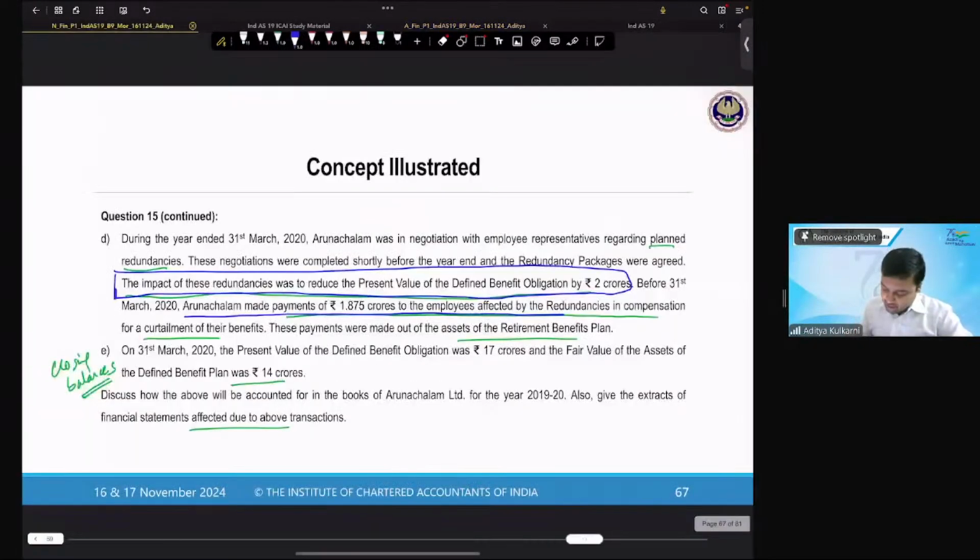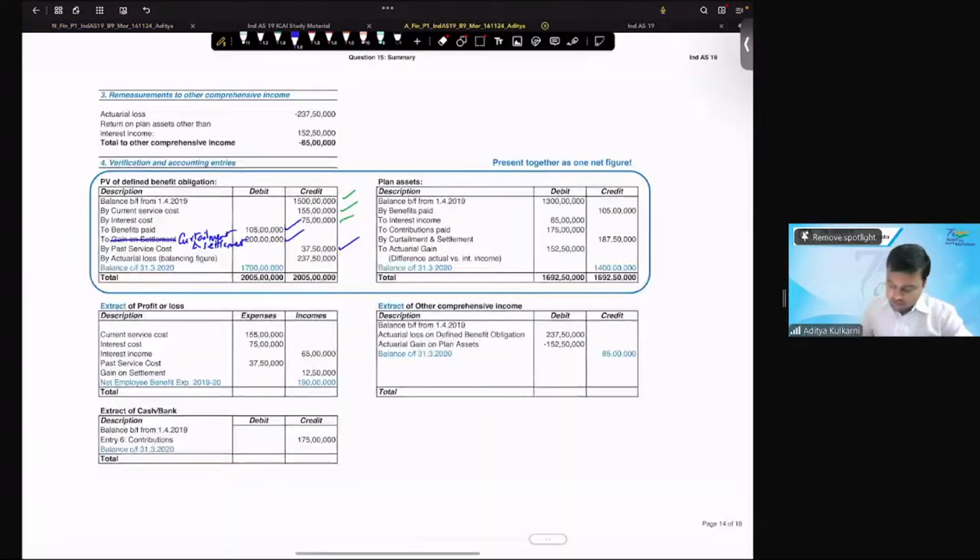Then you are having the closing balance. What is my closing balance? 17 crores. So therefore, this will be your actuarial loss. Sir, why actuarial loss? Because already interest cost is computed. So this will be your net actuarial loss.